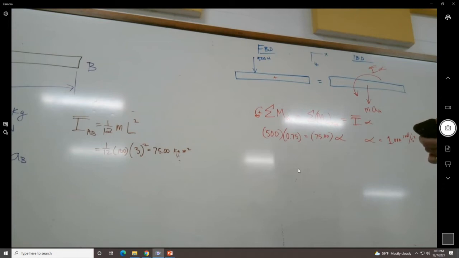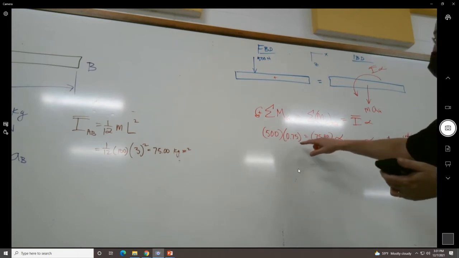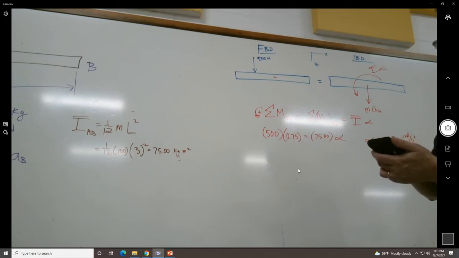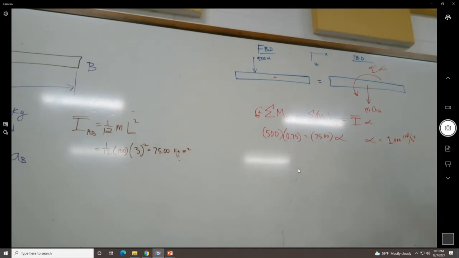Maybe I screwed up. 500 times 0.75, I typed the wrong thing. All right, so divided by 75. Sorry, the other one is 5. So alpha is 5 radians per second squared.